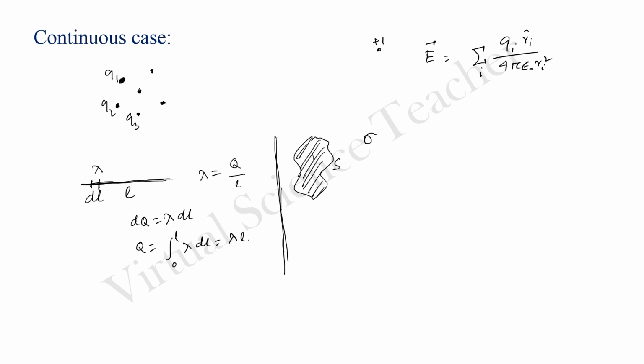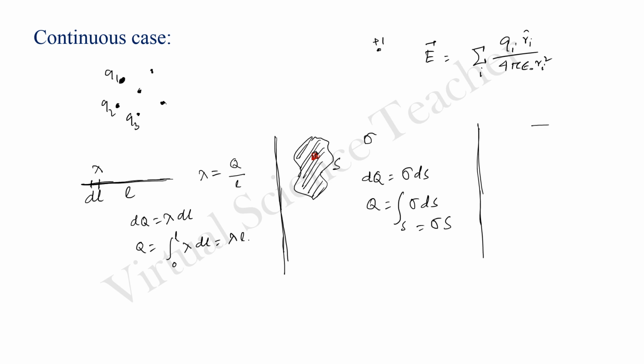If we consider an infinitesimal surface here, the charge for this small surface ds is sigma into ds, and the total charge is the integral of sigma ds over the surface, that means sigma into S. And there is another one, called the volume charge density.